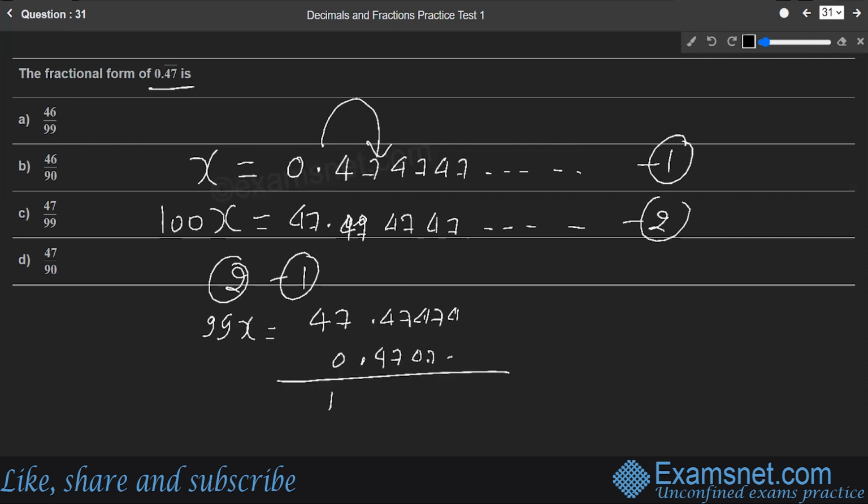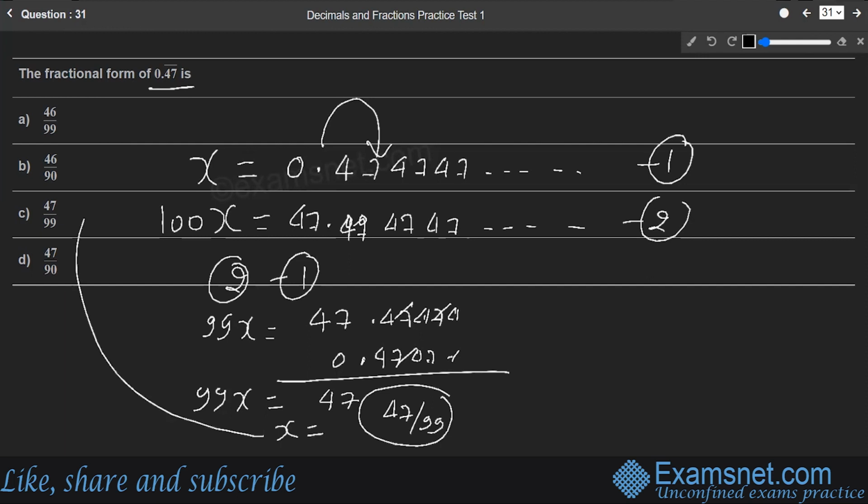If you subtract, this is going to be just 47, because all these 4747 will get cancelled. So you are left with 99x equal to 47, where x will be 47 by 99. What was our x? Our x was the original number that we had assumed, which has come out to be 47 by 99 in the p by q form. So that has to be the right answer, only option number C, 47 by 99.